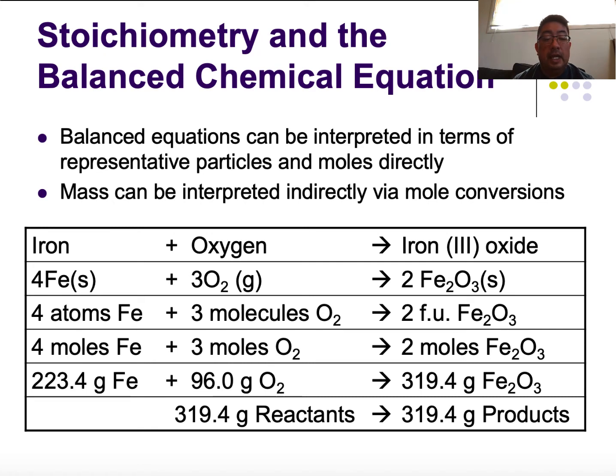For instance, let's say instead I have 12 moles of Fe. I would expect that would require 9 moles of O2. Or if I had 40 moles of Fe and plenty of O2, I would expect to make 20 moles of Fe2O3. So that's kind of what stoichiometry is. We're scaling things relative to the balanced coefficients.